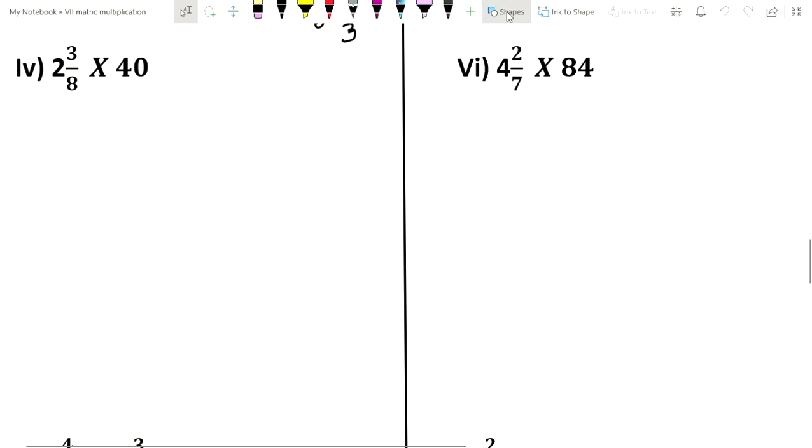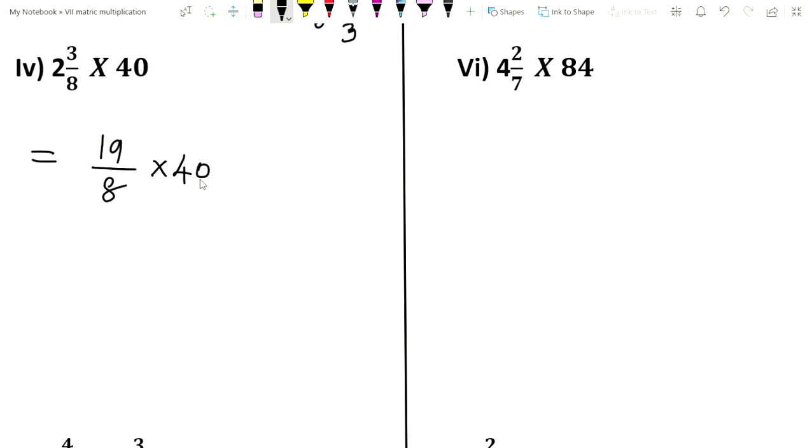Let's see the fourth one. 2 into 3 by 8 into 40. It is in the form of mixed fraction. So first you convert into improper fractions. Okay, 2 8s are 16. 16 plus 3, 19. 19 by 8 into 40. And 19 and 8, there is no common factor except 1.